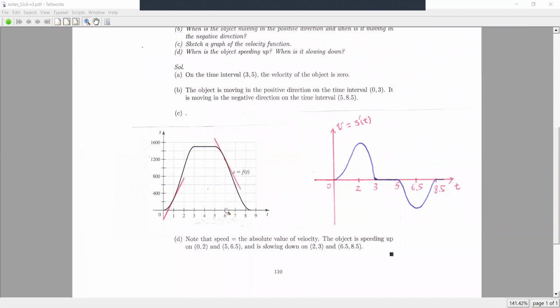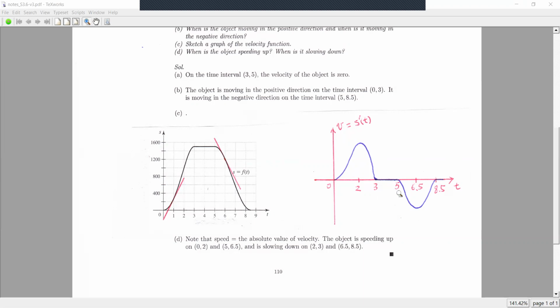As time is increasing, the slope of the tangent line is decreasing and is the smallest at about 6.5. Beyond time 6.5, the slope of the tangent line is increasing. At 8.5, the tangent line is horizontal. So at 8.5, the slope there is 0.